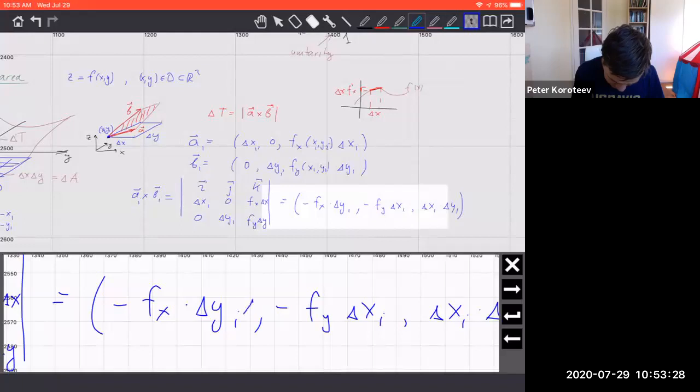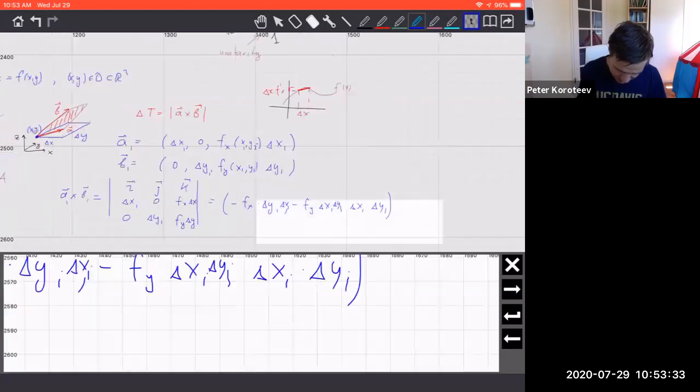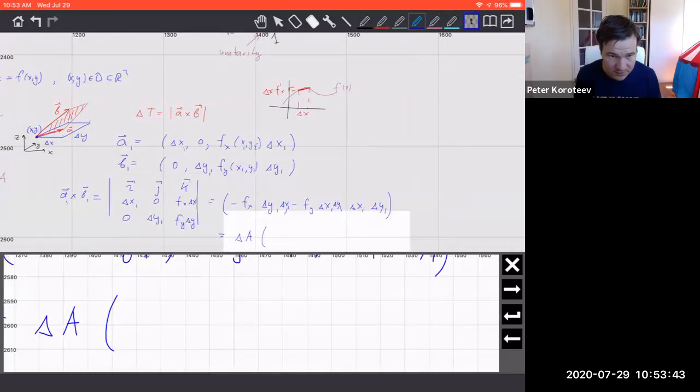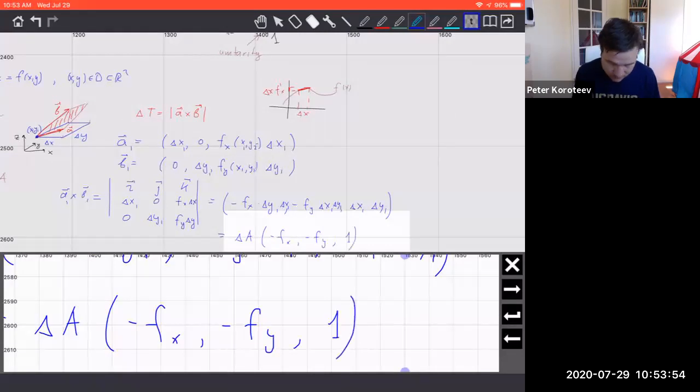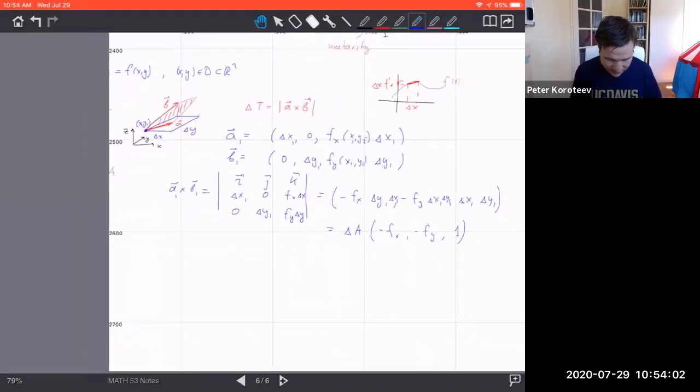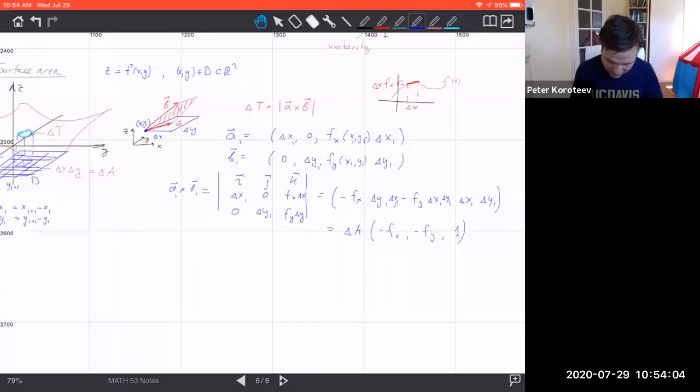That's why it will be all these guys, and then we can single it out. So we can take out delta A. So delta A we denote with delta x times delta y, without the minus. And then it will have components negative f_x, negative f_y, and 1. Okay, that's the vector. We know that the area should be thought of as something with direction.